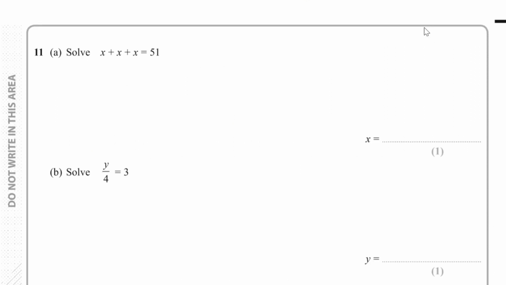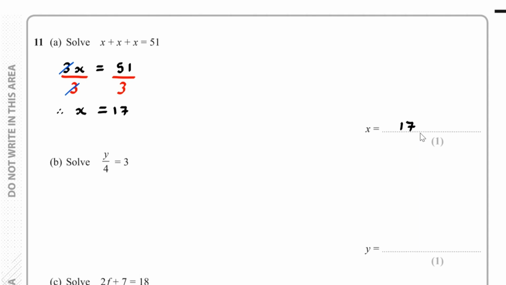Question number 11 for part A, we have to solve x plus x plus x equals 51. Well, in total here, x plus x plus x, that's 3x. So 3x is equal to 51. And now if we divide both sides by 3, what we end up with is x equals 51 divided by 3, which is 17.